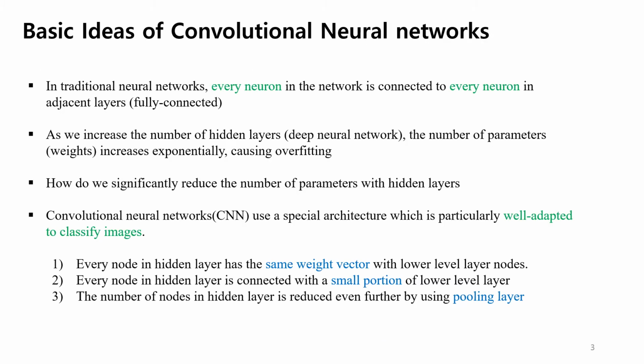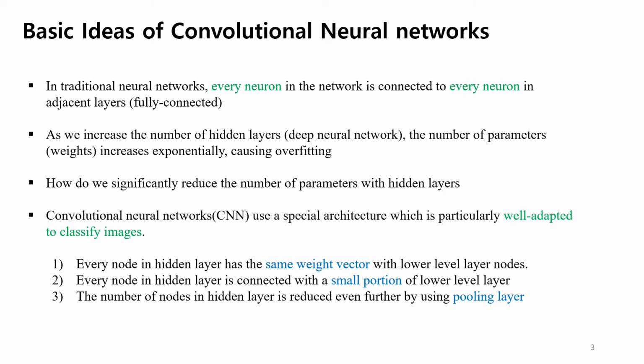In the previous slide, we have seen the problem of the traditional neural net. The CNN tries to solve those problems using 3 weapons. It has 3 techniques to solve the problem.